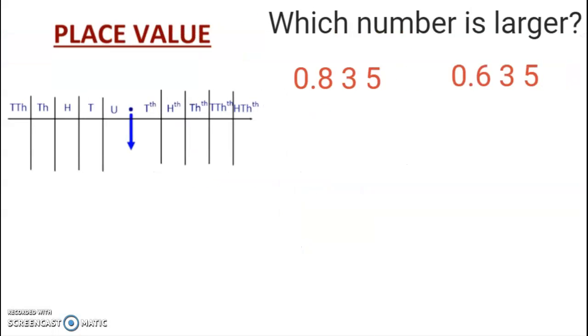So, how can we use a place value chart to decide which number is larger? Here I have two decimals, 0.835 and 0.635.